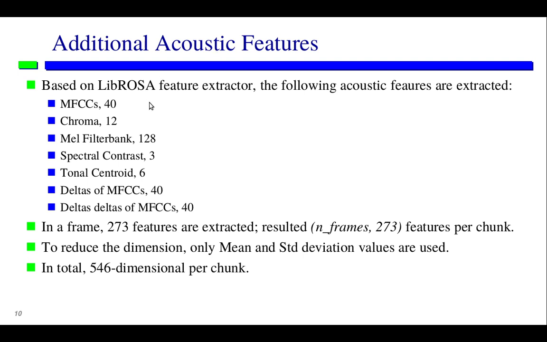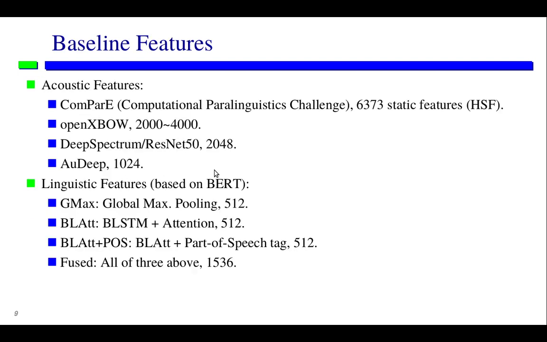Actually, my goal is this: because the linguistic feature is only 500, if I use a large acoustic feature, the acoustic information will influence more than the linguistic feature. So I want to design the acoustic feature to have a similar size, so the influence of acoustic and linguistic is the same, because I don't use any weighting factor in my classification.